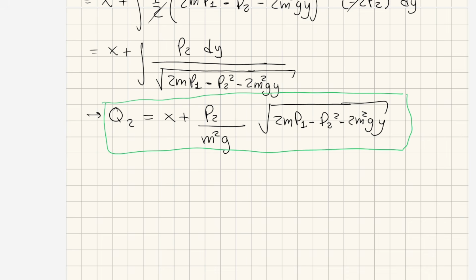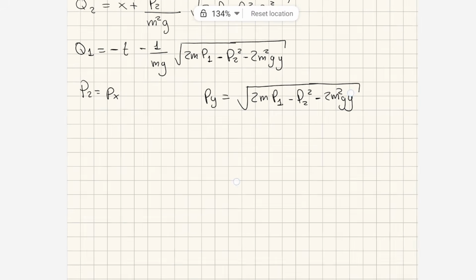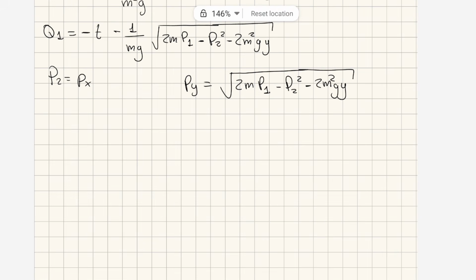So let me write you these 4 results here in this page. These are the 4 equations that we just found. Remember that before introducing the Hamilton-Jacobi formalism, we were talking about canonical transformations, which are functions of the generalized coordinates and the conjugate momenta.